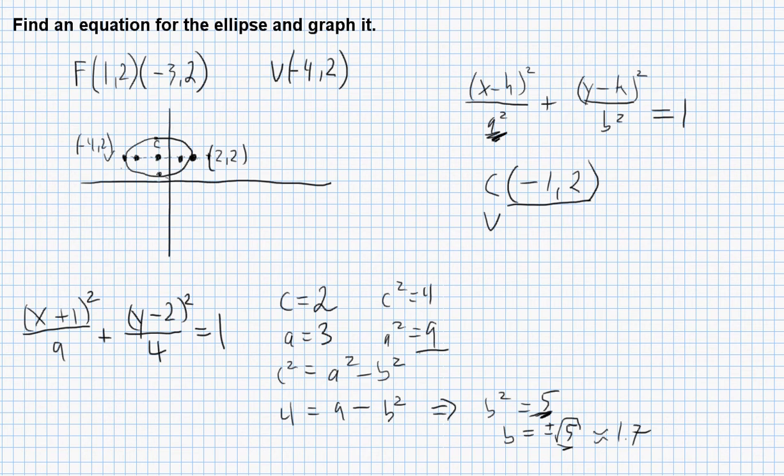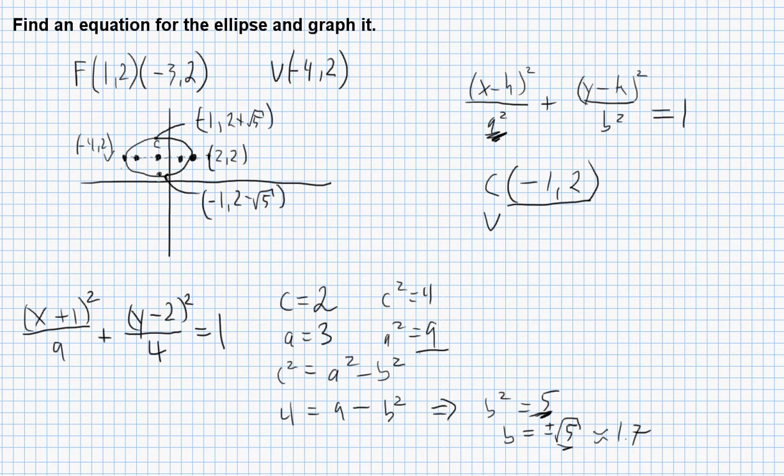This vertex point here, since we counted up from the y value, is (-1, 2 plus radical 5). And this value, since we counted down from the center, is going to be (-1, 2 minus radical 5). And those are our vertex points.